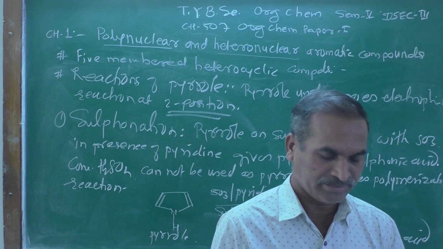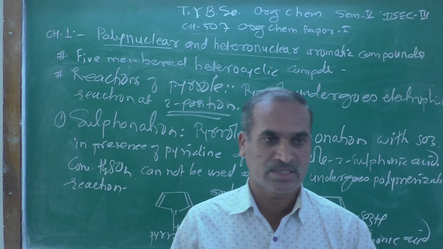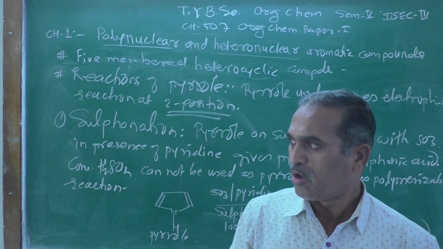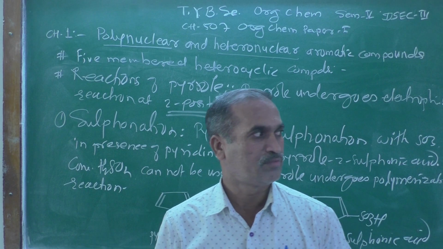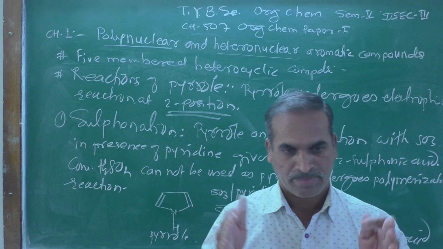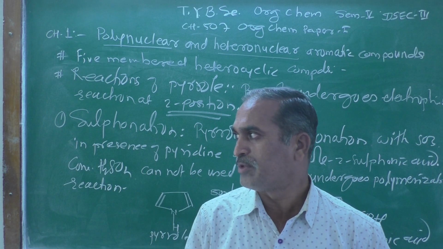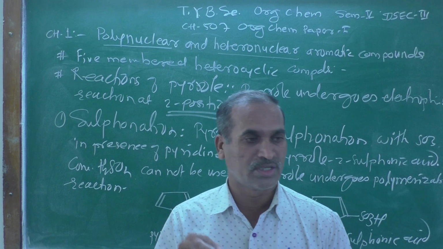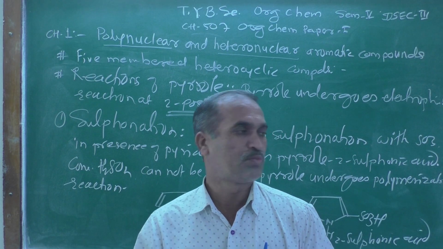So remember, these are some of the reactions we have discussed in these lectures. Polymer synthesis we have described. According to that, we got pyrrole, and after synthesizing that pyrrole, we discussed some of the common reactions of pyrrole, and pyrrole generally undergoes electrophilic substitution reaction at 2 position.